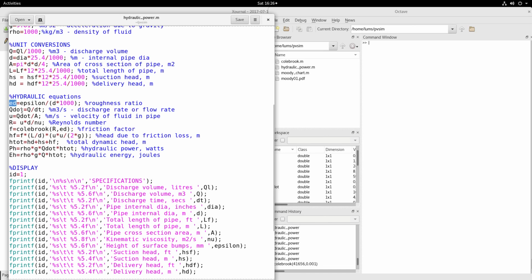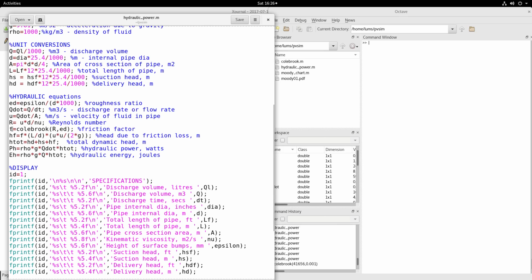Q dot is Q by dt. If you use Q in meter cube, then Q by dt will be meter cube per second. U is Q dot by A. Then R, the Reynolds number, which is U into D by nu.